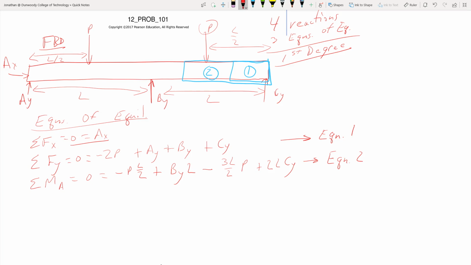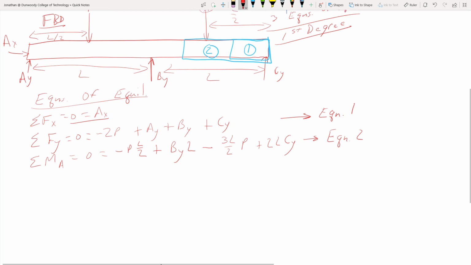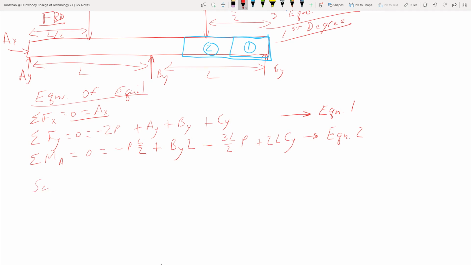So looking at those, segment 1, we have CY acting here, our shear is going to be up, our normal this way, but it's going to be 0, and our bending moment is over that way. We're going to call this coordinate from the right x1.